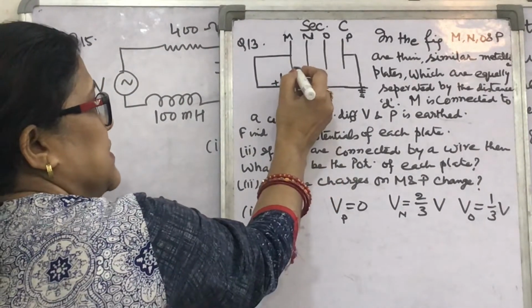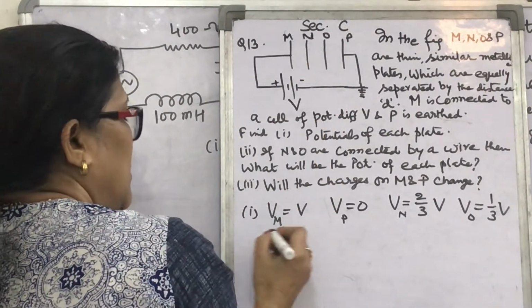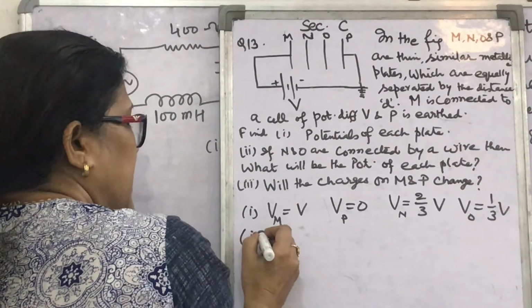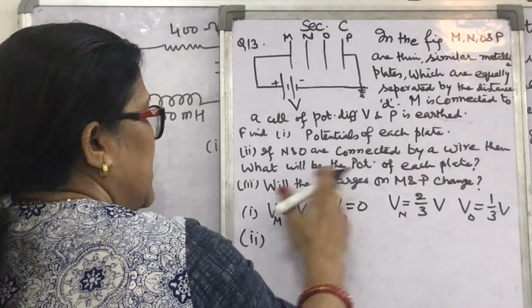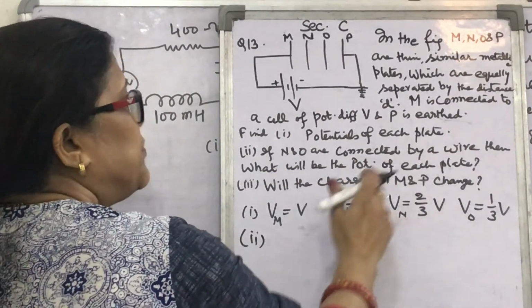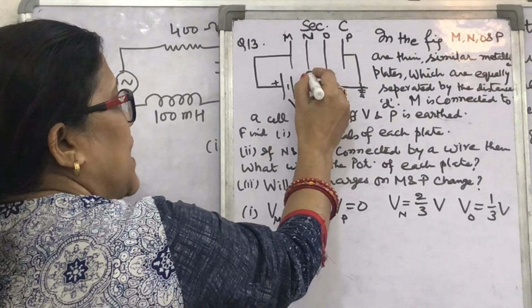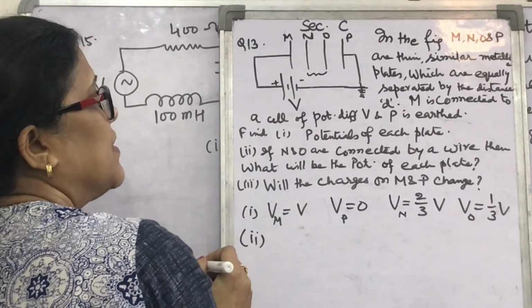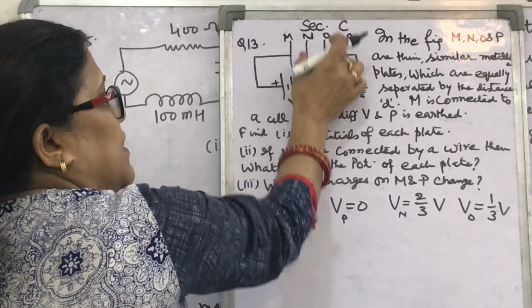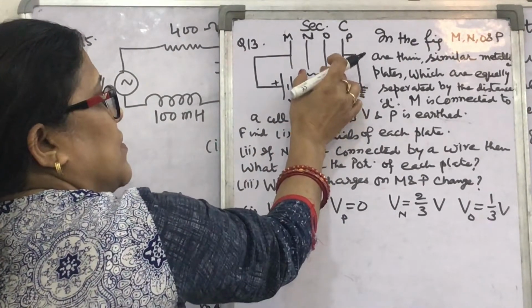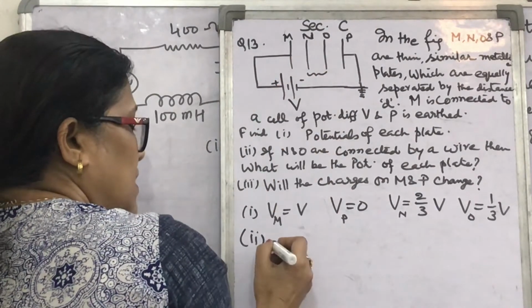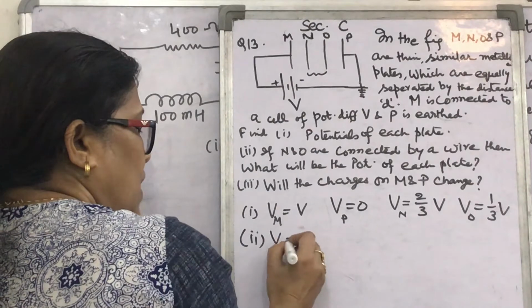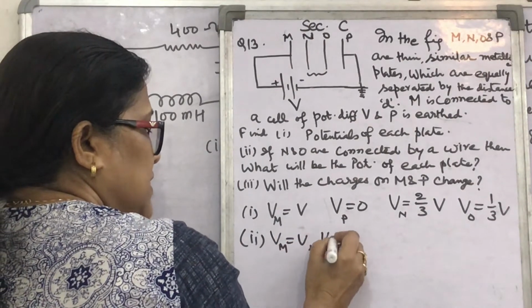Okay, these distances are d. Now second part, if N and O are connected by a wire, then what will be the potential of each plate? If these two are connected by a wire, then this will not be a capacitor. Okay, now what will happen? Again, for Vm and Vp, you will write the same answer.